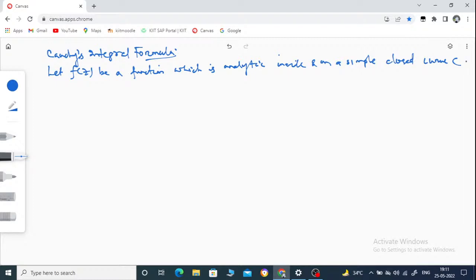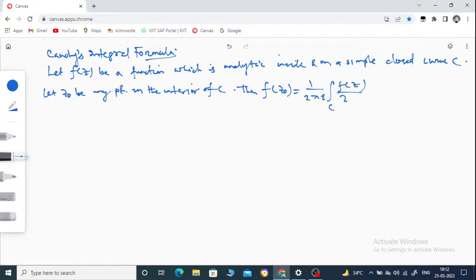Let z naught be any point in the interior of C. Then f of z naught is equal to 1 by 2 pi i times the integration over C of f of z divided by z minus z naught dz.